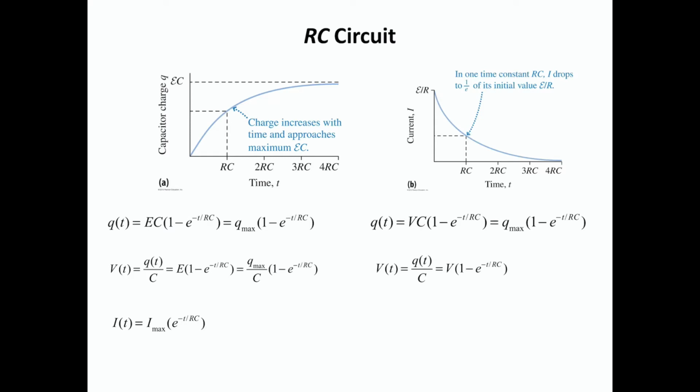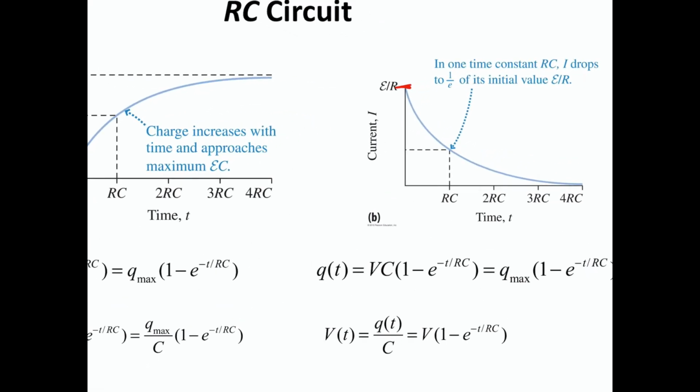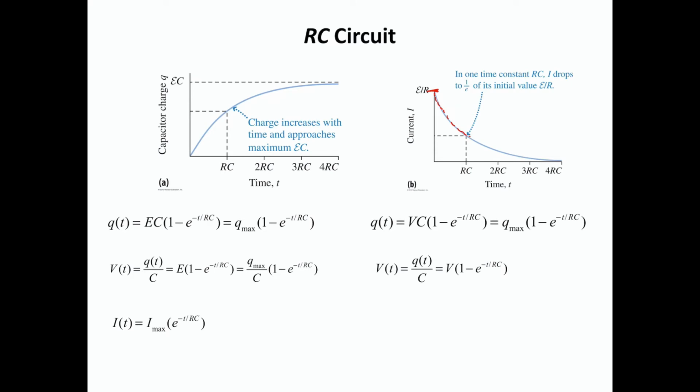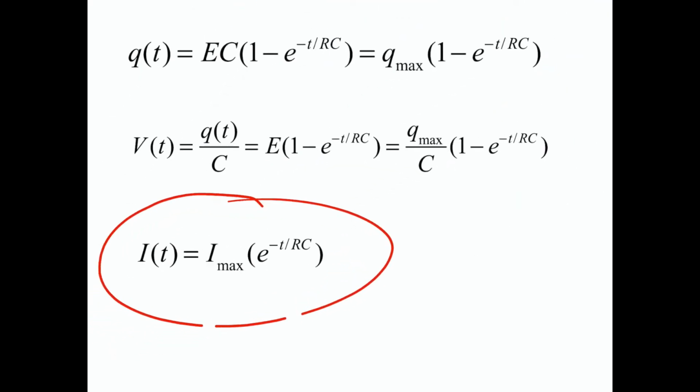First, the current, as I said, initially drops here, and then the current will drop. How about we look at how the current drops first? We call it exponential decay. Just to remind you of the exponential function, y equals e to the x.